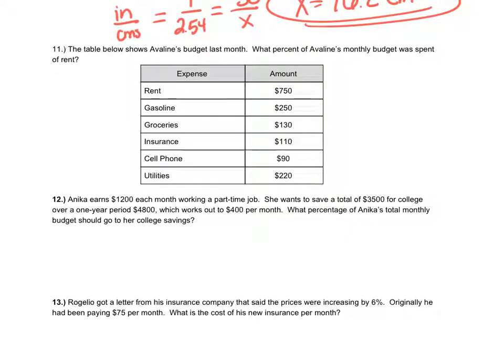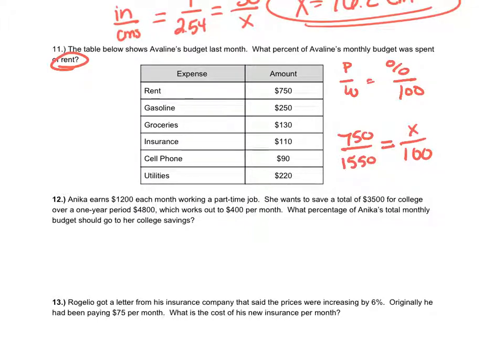The table below shows Aveline's budget last month. What percent of Aveline's monthly budget was spent on rent? Okay, so that's a part over a whole, percent over 100. We don't know the percent, so that's our X. Our rent was $750. The total is $1,550.